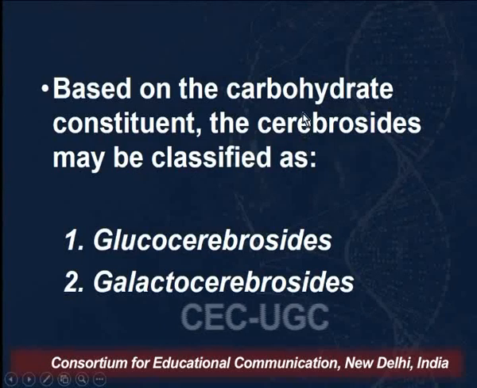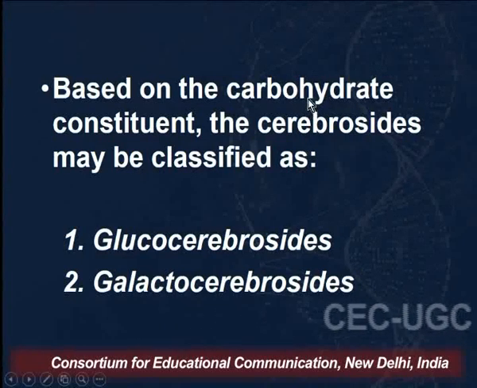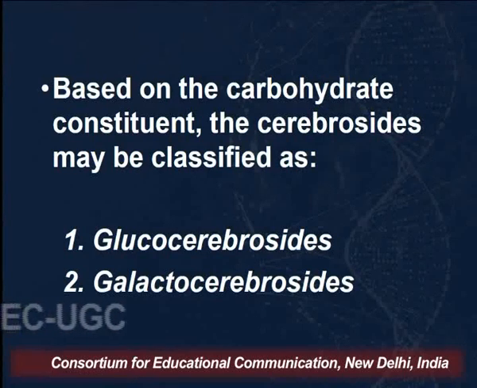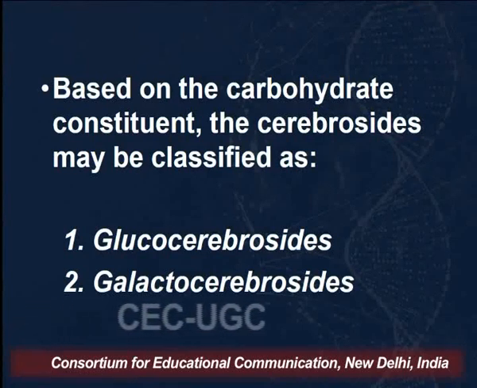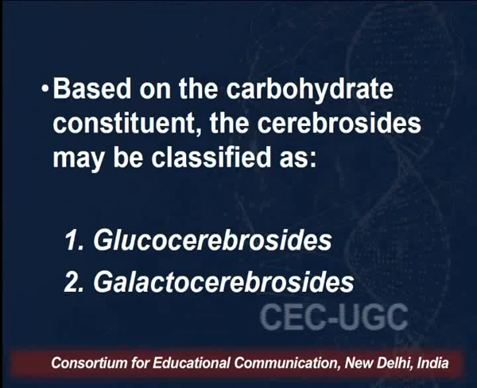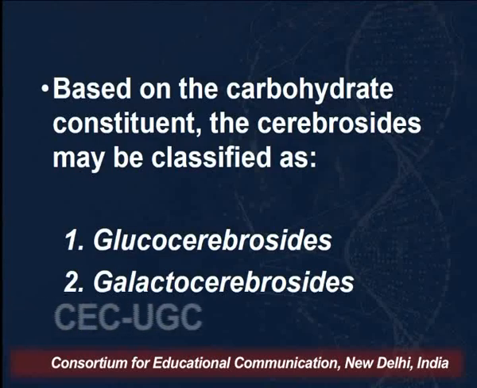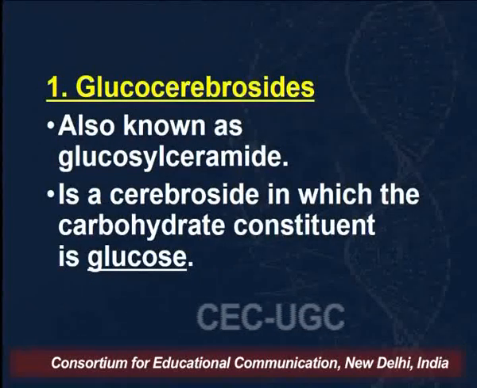Now, on the basis of the sugar molecule present in the cerebroside, if glucose is present, then that molecule is known as glucocerebroside, and if galactose is present, it is known as galactocerebroside.